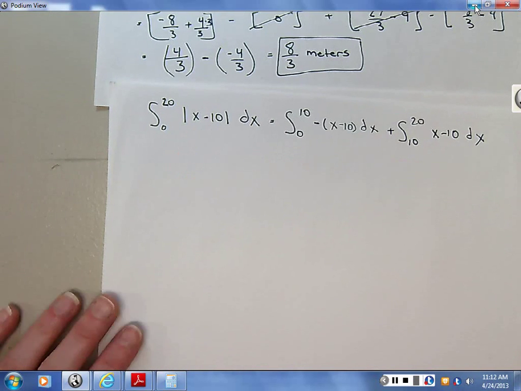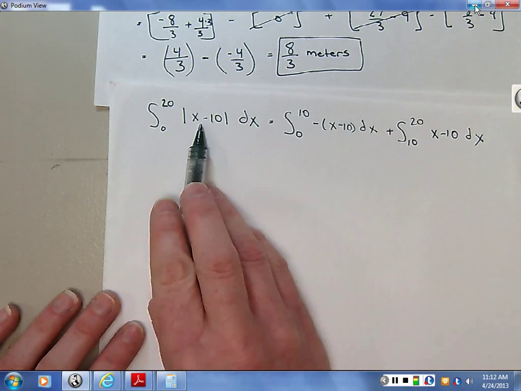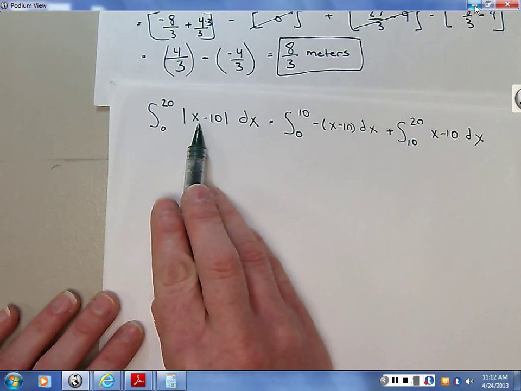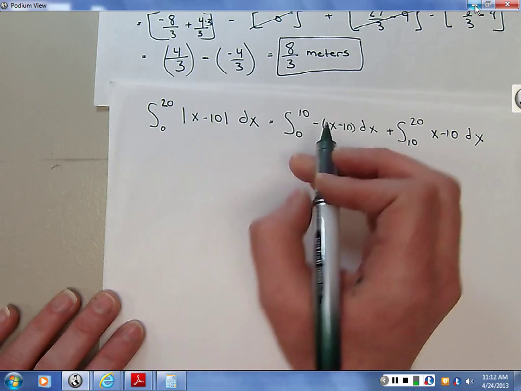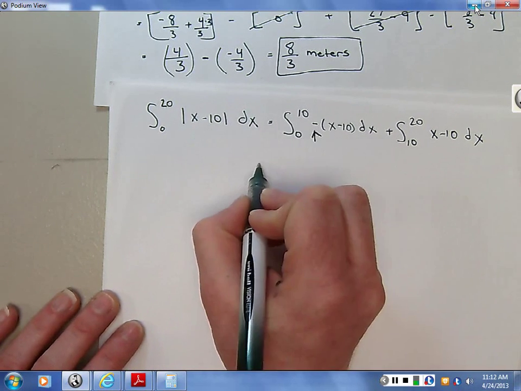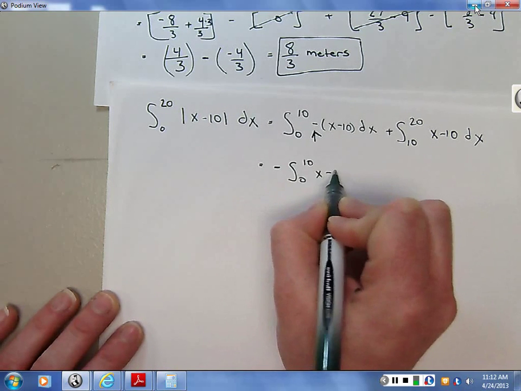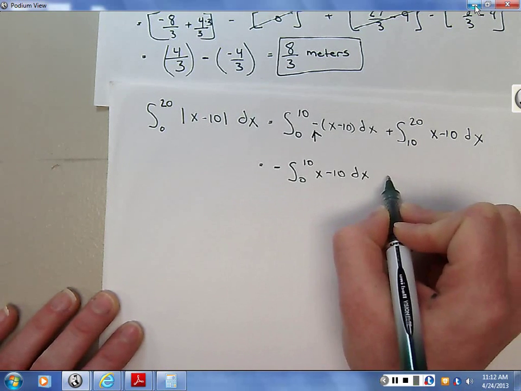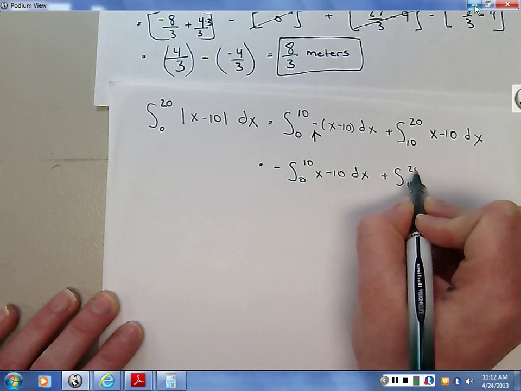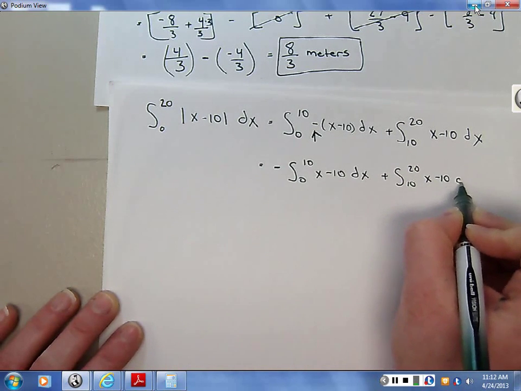That was just by solving the absolute value for your positive. Because I know this equals 0 at 10, and so less than 10 it's negative, so I replace this with a negative. You could say, well, I'm going to take negative the integral from 0 to 10 of x minus 10 dx plus 10 to 20 of x minus 10 dx.